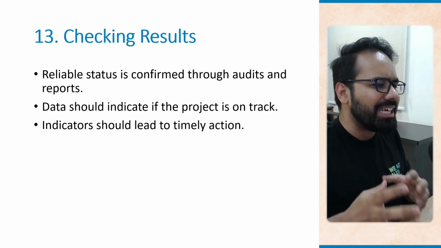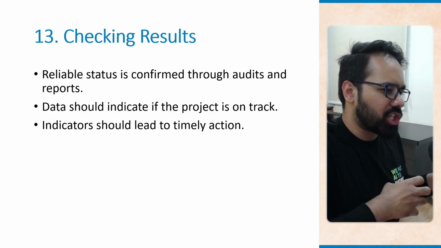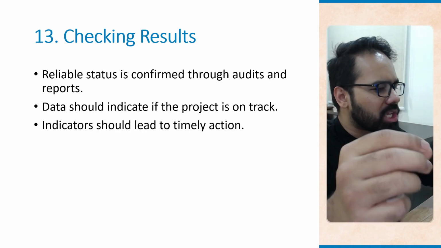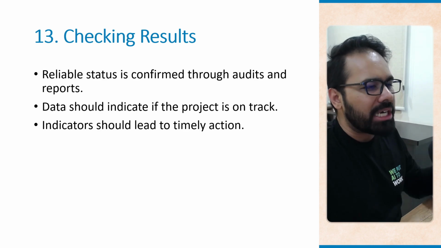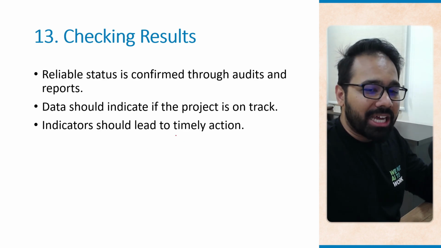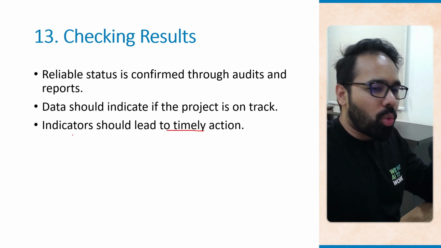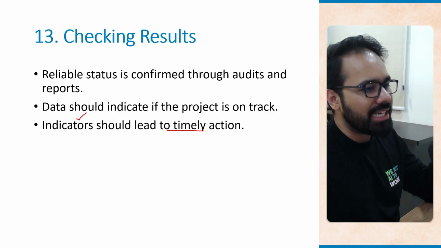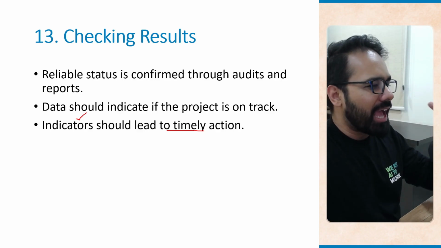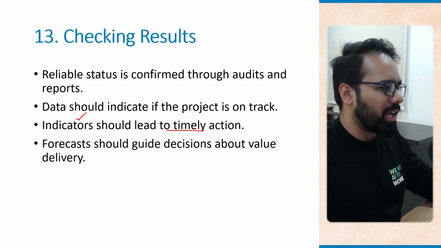Indicators should lead to timely action. Rising defect counts are a signal to add more focus on quality. This is something that should be done immediately. So whatever indicators you're using, if they don't lead you to take action, then what's the point, right?